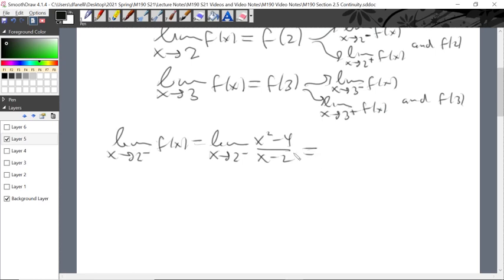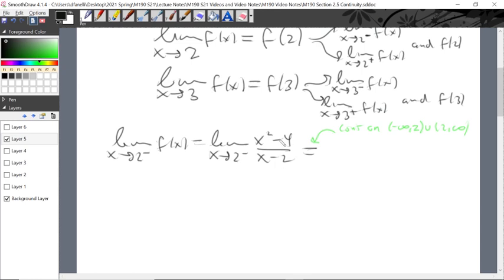A rational function is continuous on its domain. Okay, so we are, of course, continuous, okay, on the domain negative infinity to 2, union 2 to infinity. And since we are choosing values of x that are less than 2 and not equal to 2, then we are choosing values that are within the domain. Okay, so we can find this limit by continuity, and we know how.